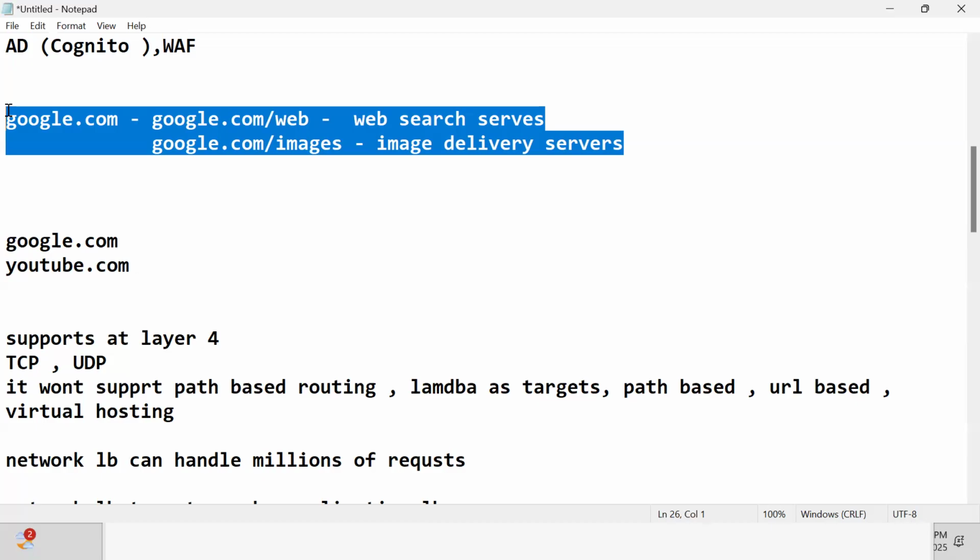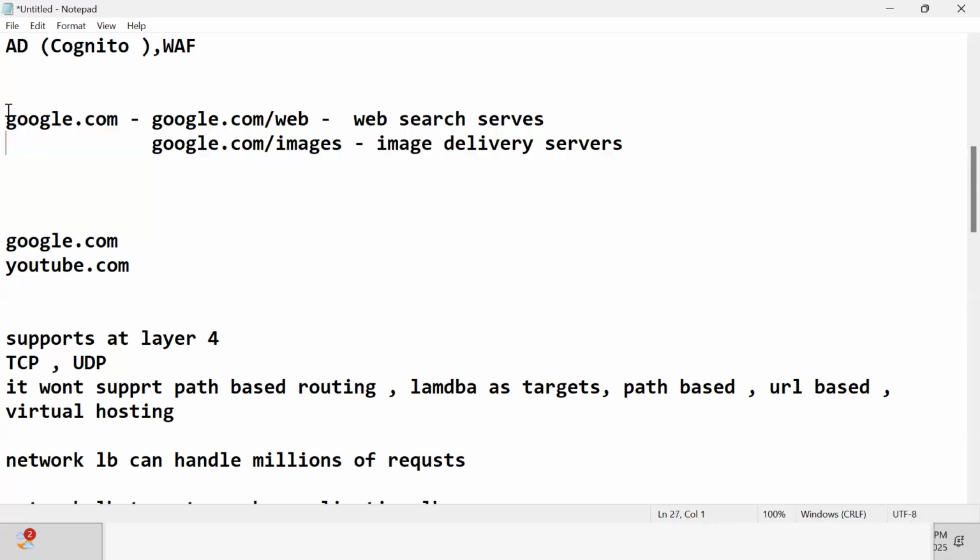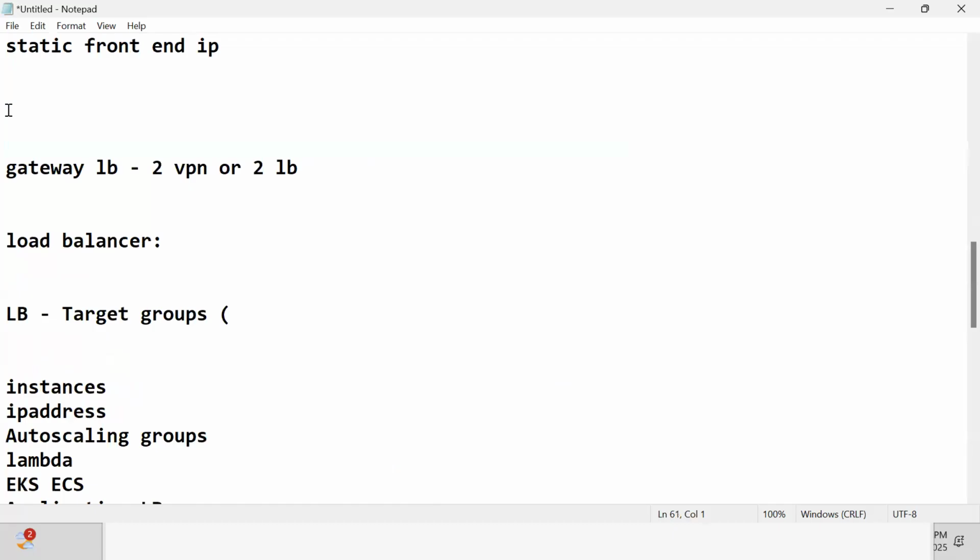So the concept of a target group is a set of servers. In our use case, that may be EC2 instances, IP addresses, Lambda functions, Kubernetes related ECS or EKS, or an auto scaling group. And who is going to redirect the traffic to whom? The load balancer will redirect the traffic to these target groups.